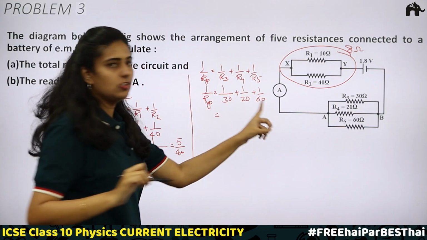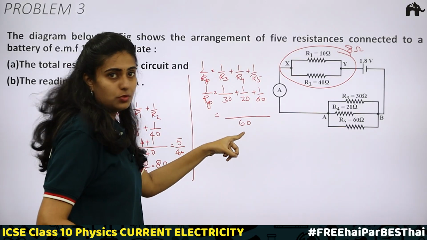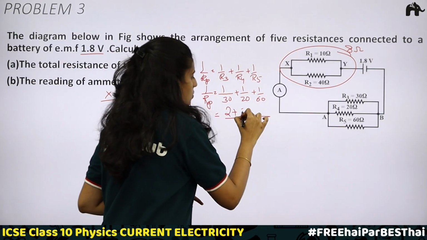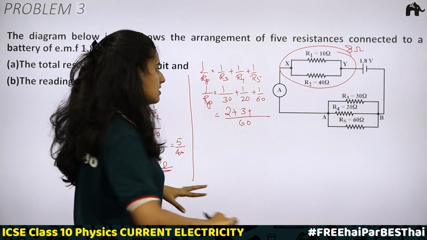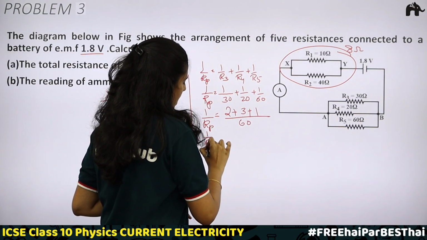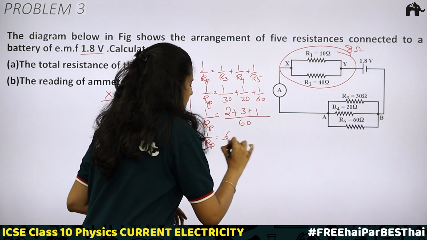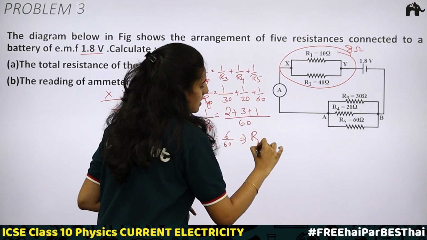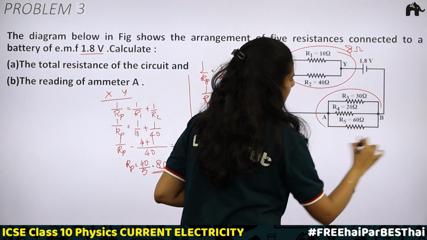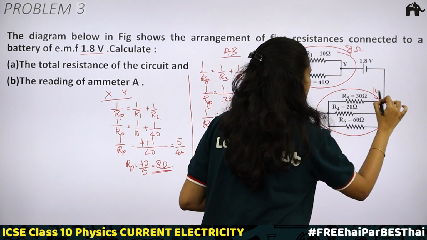Taking the LCM, we get 60 in the denominator: 2 plus 3 plus 1, which is 6 by 60. This implies Rp is equal to 60 by 6, that is 10 ohms. So, when we solve this part across AB, we get 10 ohms.